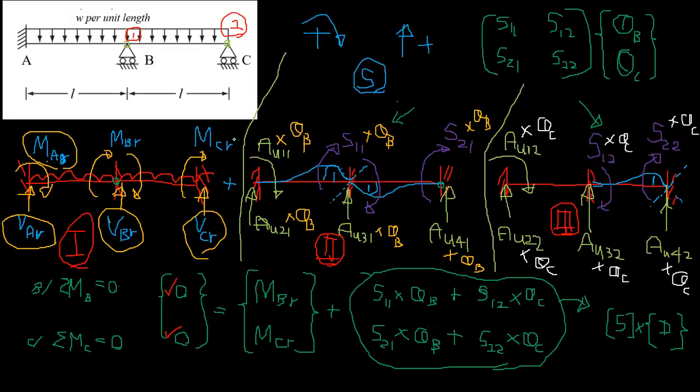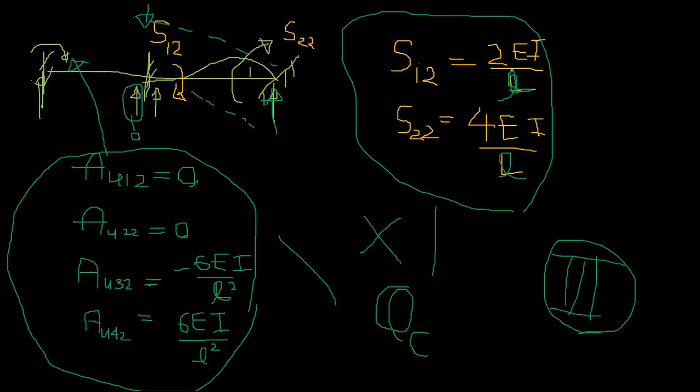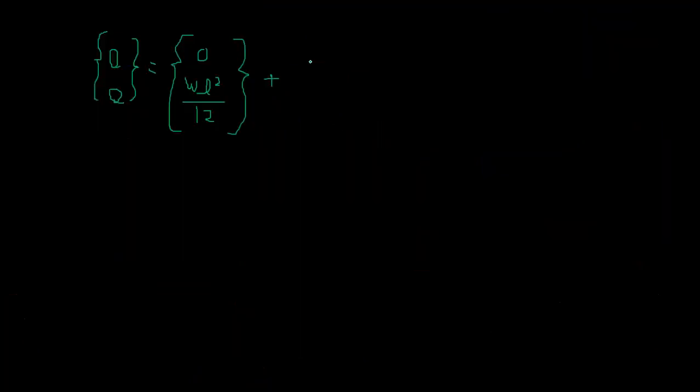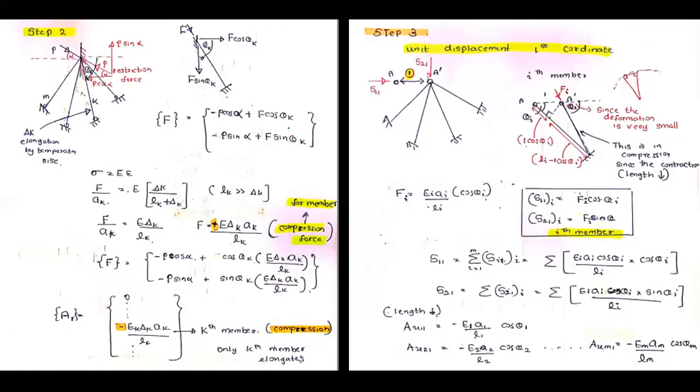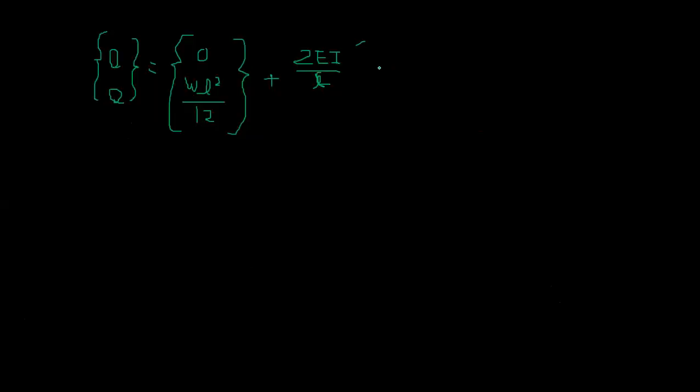Then the stiffness matrix. S11 is 8EI over L, 2EI over L, and S22 is 4EI over L. So I can take 2EI over L out, and what remains is 4 here, 1 here, and 2.